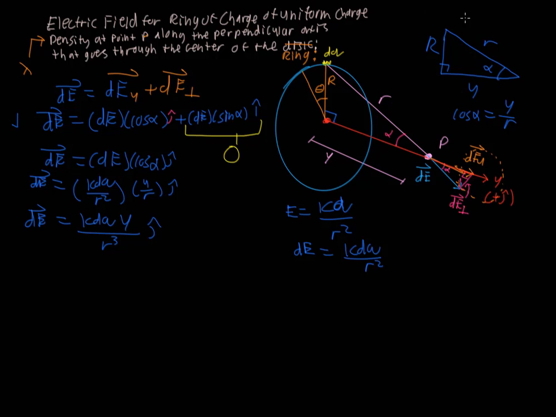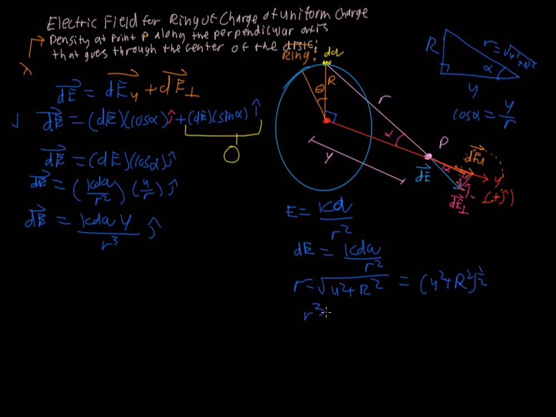So what is r? So r, by the Pythagorean theorem here, is going to be y squared plus r squared, just by a squared plus b squared equals c squared. And now we're going to sub in r. So we have that r is equal to the square root of y squared plus r squared, which is the same thing as saying y squared plus r squared to the 1/2.